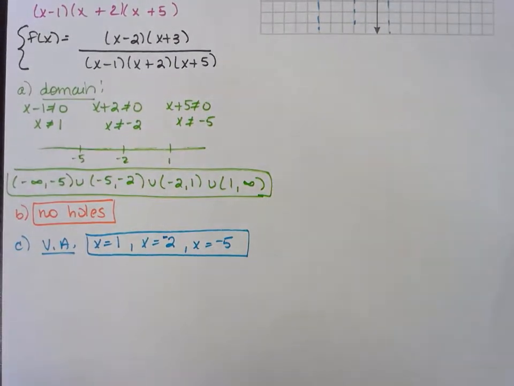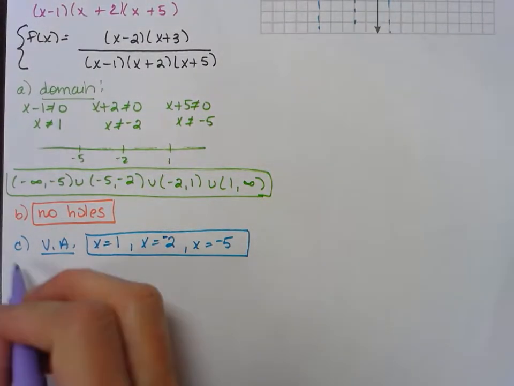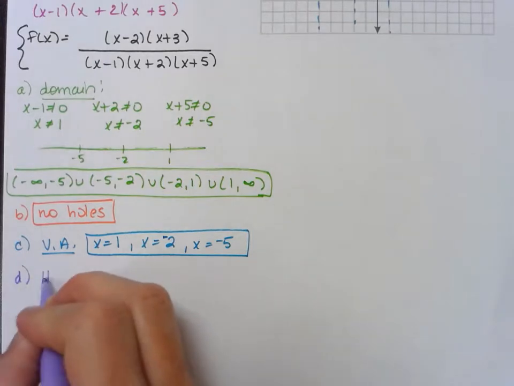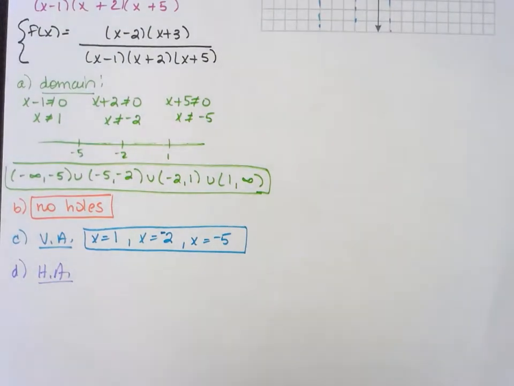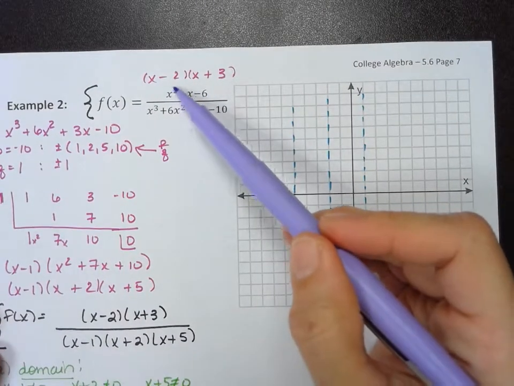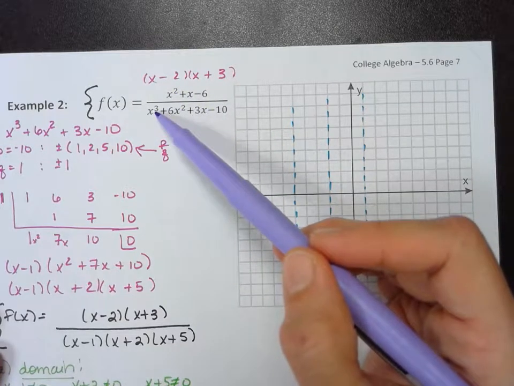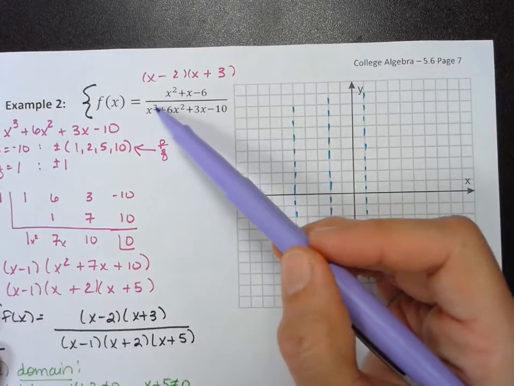The next thing is to find all horizontal asymptotes. A horizontal asymptote, in this case, look at the original, this degree is less than this degree. This is degree 2, this is degree 1. Sorry, this is degree 3.